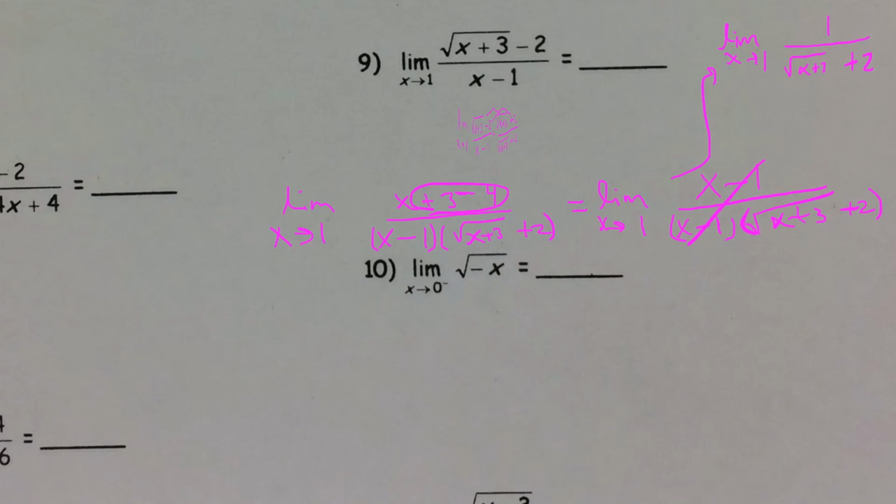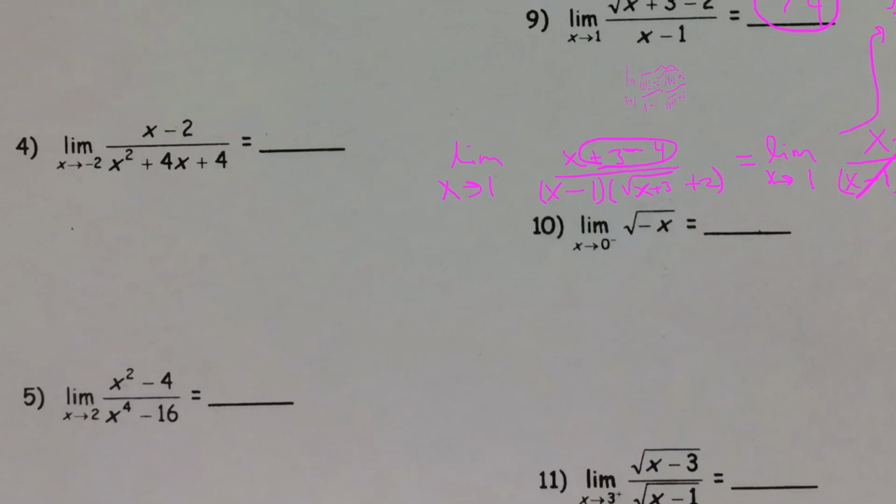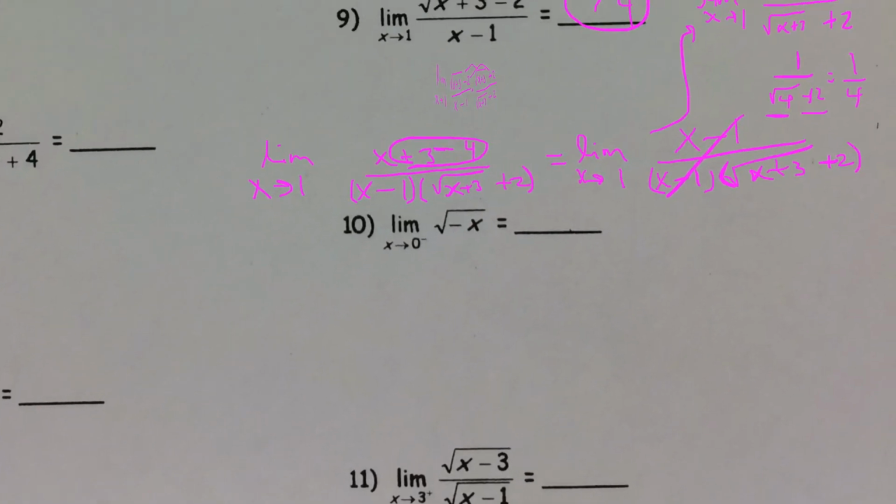Now we can plug in, and when I plug in a 1, this will be 1 over square root of 1 plus 3, 4 plus 2. The square root of 4 is 2, so I'll have 1 over 2 plus 2, 4. My answer, 1/4.